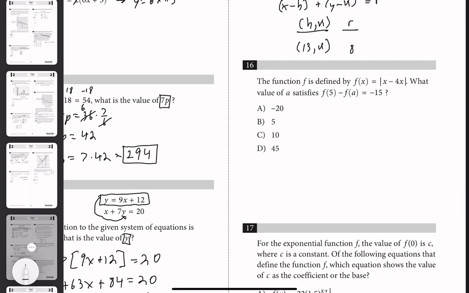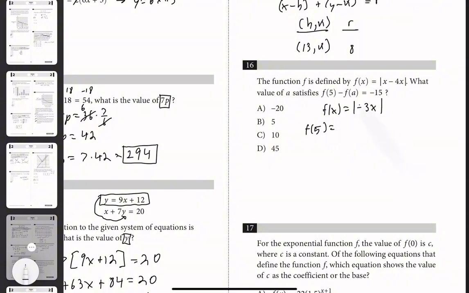The function f is defined by f of x is equal to the absolute value of x minus 4x. What value of a satisfies f of 5 minus f of a is equal to negative 15? Simply just simplify the equation they give you already. This is going to be negative 3x. And we know that f of 5 is equal to what?